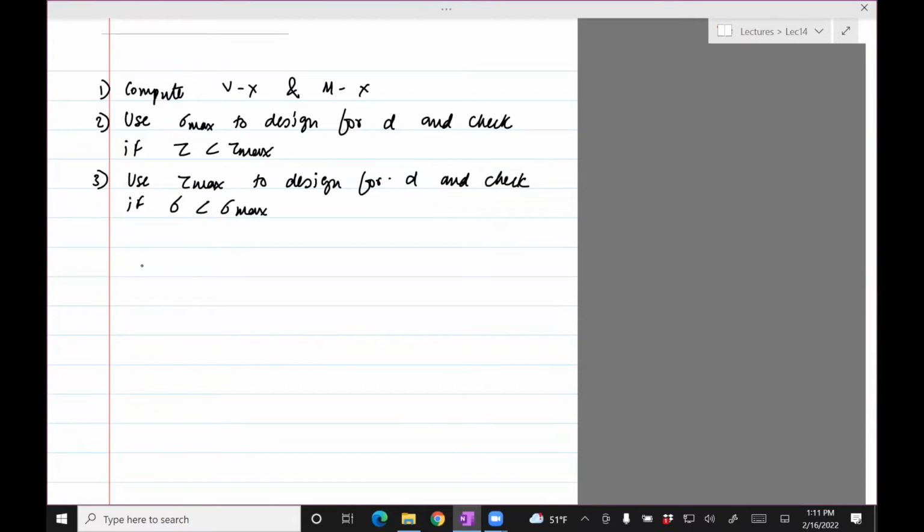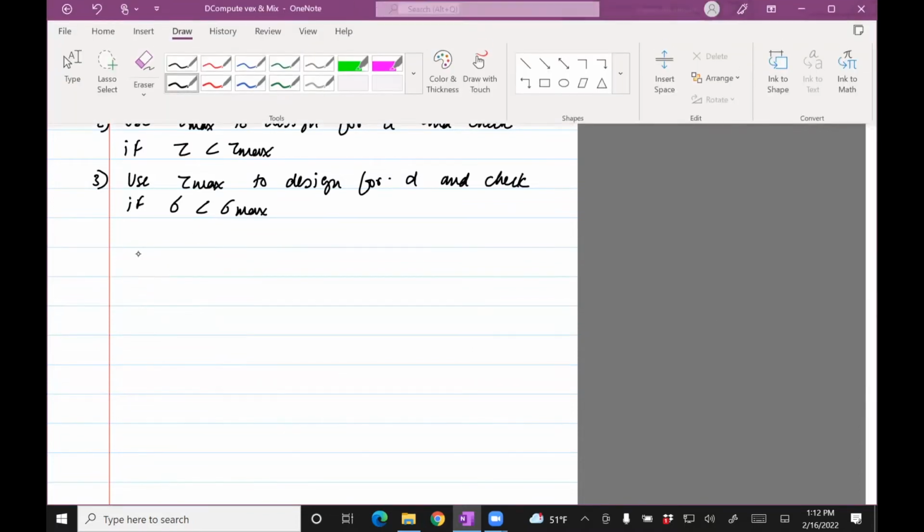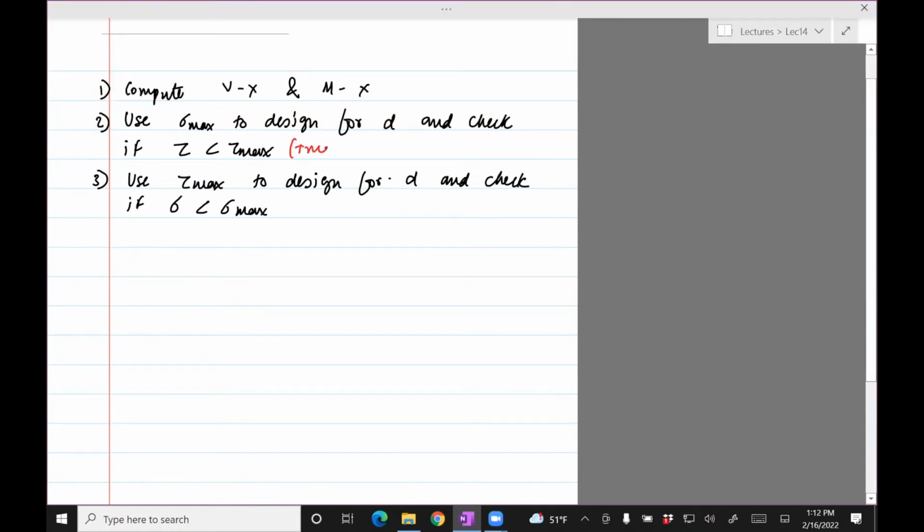Step 3 is only needed if step 2 is untrue.